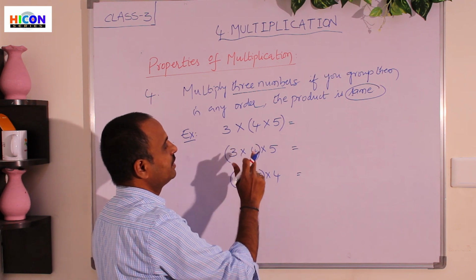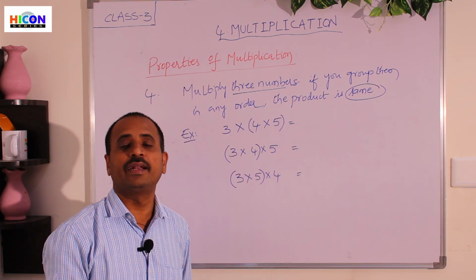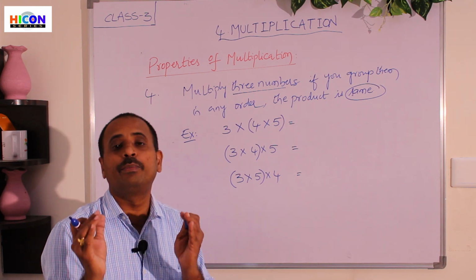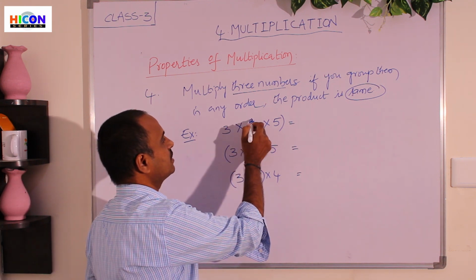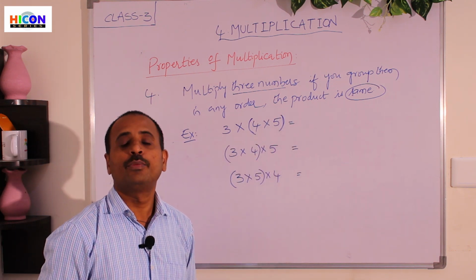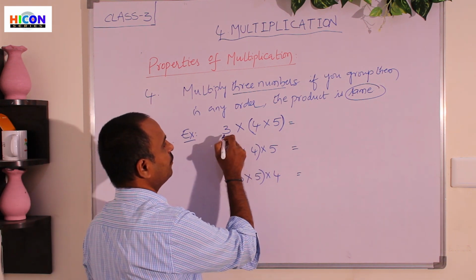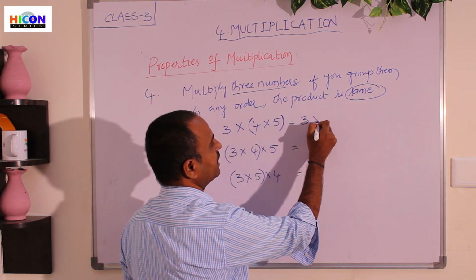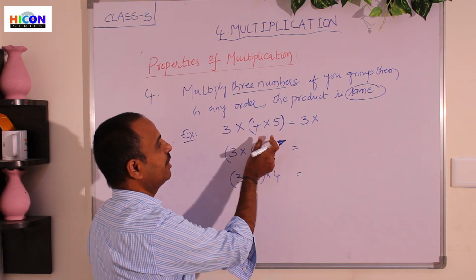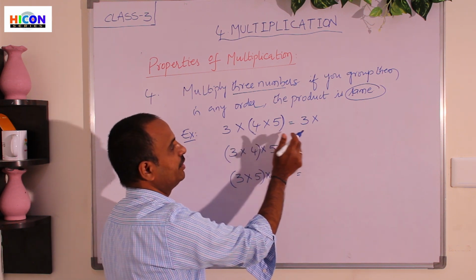So let us see the answer for the first product. In any problem, you have to multiply the numbers which are kept in bracket. These are called brackets. Brackets also means multiplication. So first I will keep 3 as the same and now do the multiplication 4 into 5.